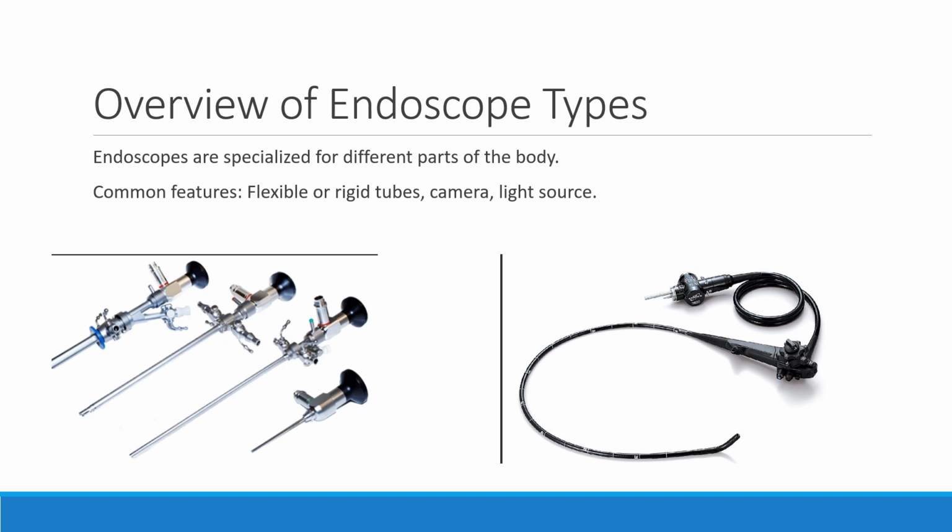The rigid endoscope on the left will be used in arthroscopic procedures where an incision will have to be made, and then that device will be placed within that incision. Whereas on the right side of the screen is a flexible endoscope, and it is actually only going to be used within the GI tract. So we have flexible on the right and rigid on the left.